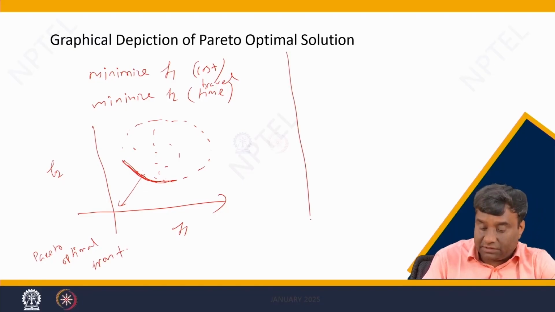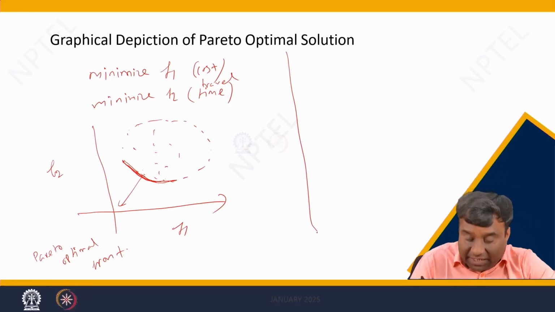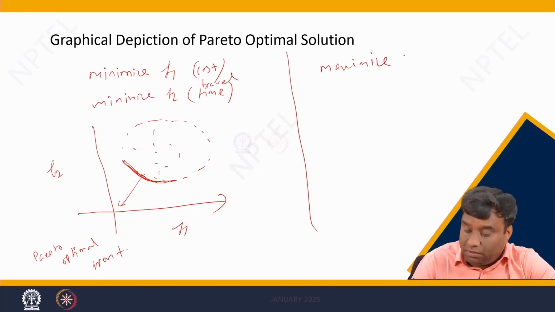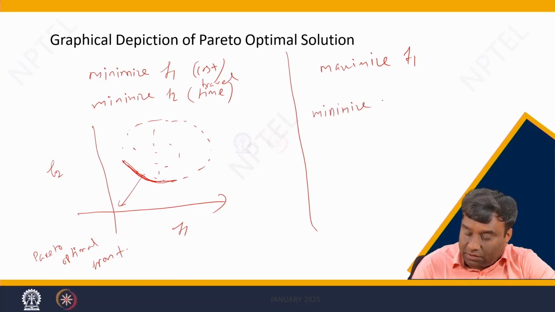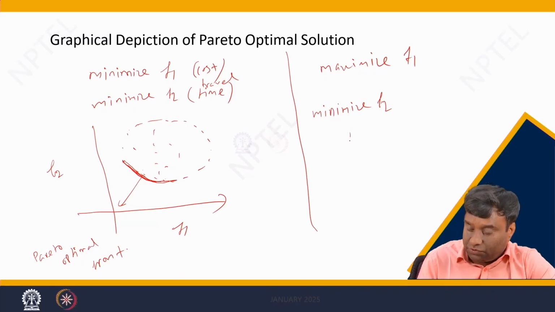Another example, suppose we are maximizing F1 and minimizing F2. So this will be the graph, F1 maximize, F2 minimize.